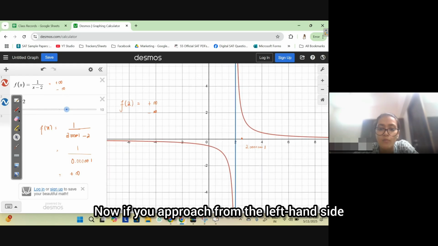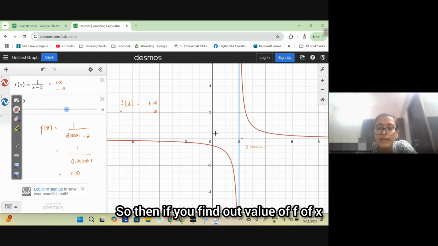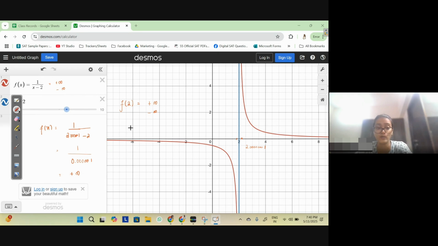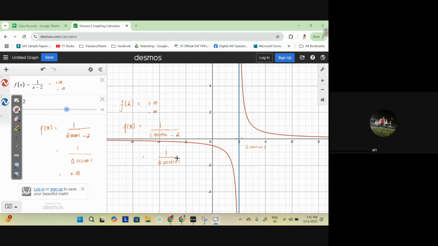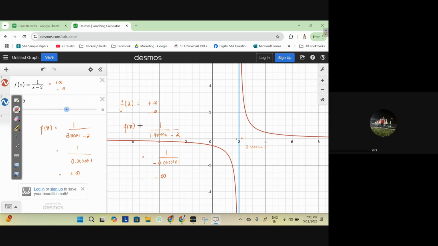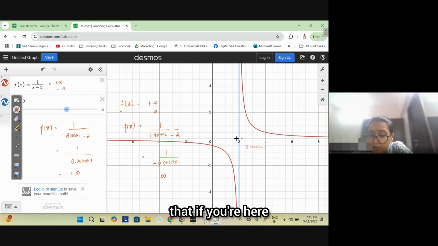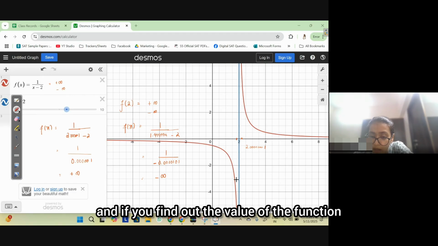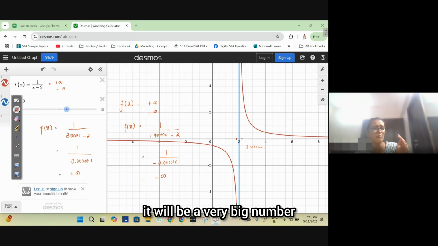Now, if you approach from the left hand side, means 1.99999999999, then if you find the value of f of x, so 1 over 1.99999 minus 2, you will get negative 0.000000001. Negative. So this time you'll get negative infinity. And you can see from the graph as well that if you're here and you find the value of the function, it will be a very big number, but it will be negative. So that is negative infinity.